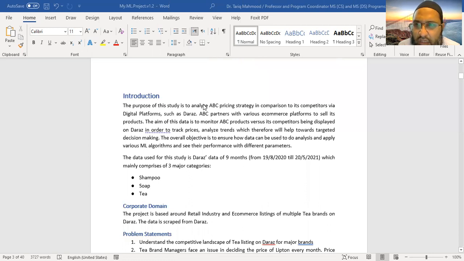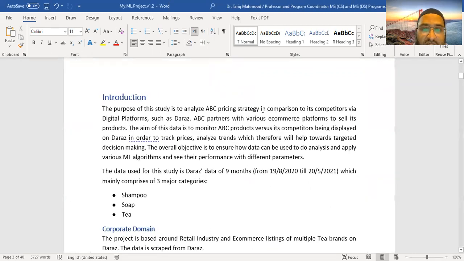So the name of the company, as I told you, will remain anonymous. So I have named that as ABC. And our goal here is to actually analyze the pricing strategy in comparison to its competitors, particularly on Daraz. And the company partners with various e-commerce platforms.